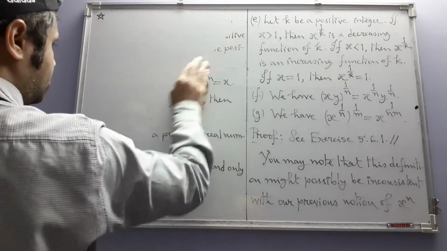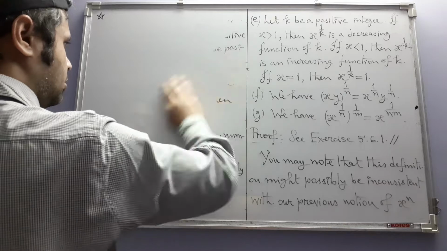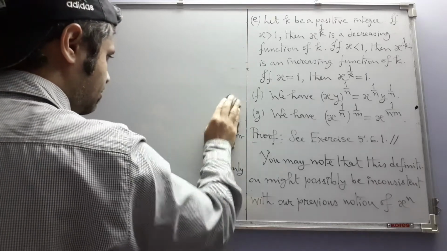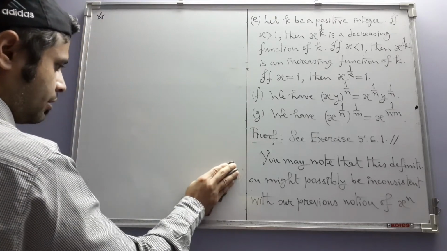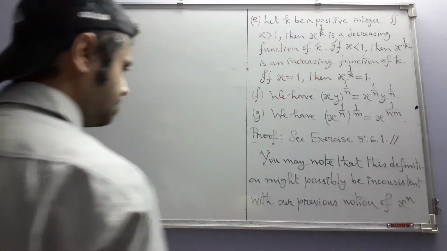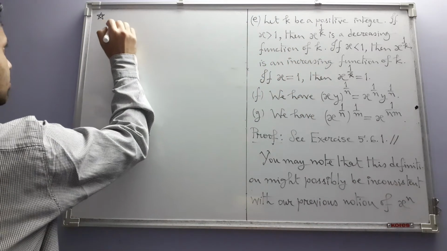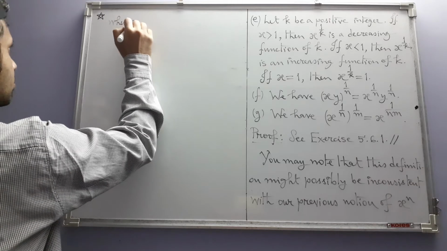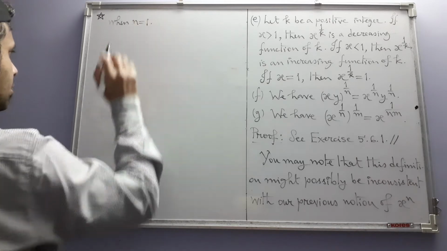The 1st root of a positive real number and the 1st power, are they the same thing when n is equal to 1?